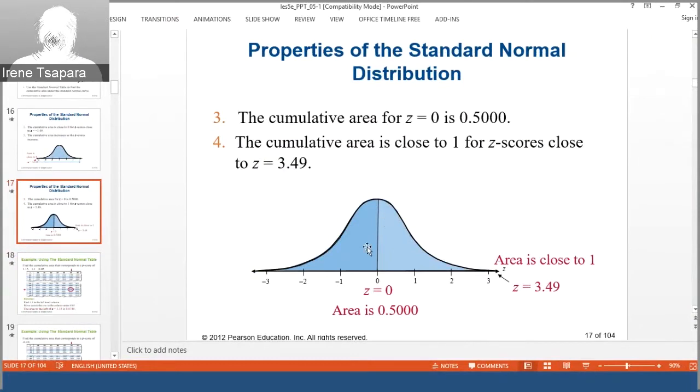Okay, so from negative 3.49 to 0, I have 0.5, so 50% of my area. Now, from negative 1 to 1, I have 64% of my area. Since it's symmetric, from 0 to 1, it will be half of it. That is 34%.